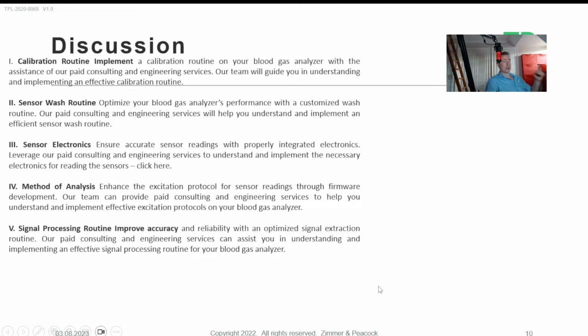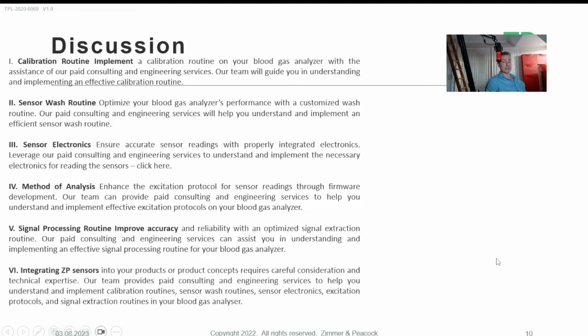So the question is not what is ZP sensors' accuracy. The question is, work with ZP, contract them in, start putting their sensors into your technology, and let us guide you on how you would use the sensors in your system, because accuracy is a system level thing. It's not an individual sensor level thing. And then obviously, how all this gets integrated and works together is everything.